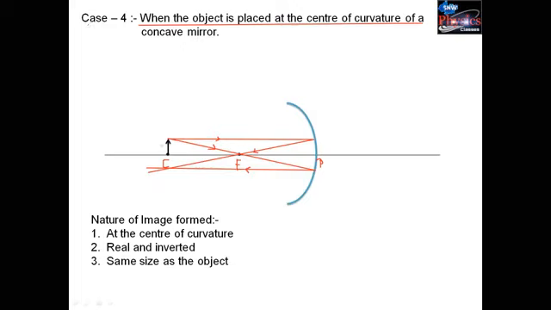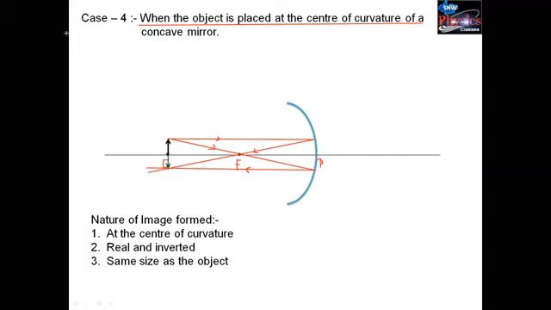So the image we get is, let me change the color of the image so that it is easily visible. So the image is on the center of curvature.